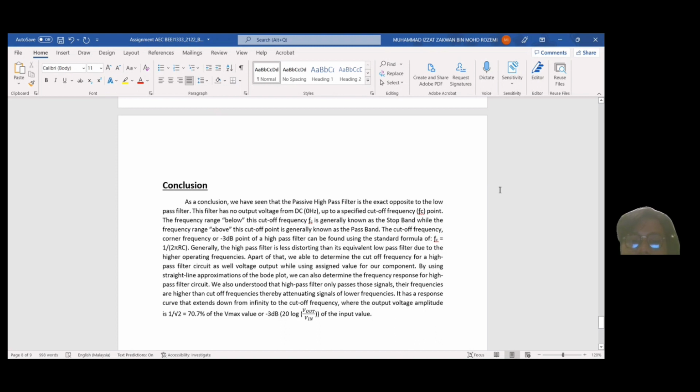The frequency range below this cut-off frequency is generally known as the stop band, while the frequency range above this cut-off point is generally known as the pass band. The cut-off frequency, corner frequency, or negative 3 dB point of a high-pass filter can be found using the standard formula of Fc equal to 1 over 2 pi RC.